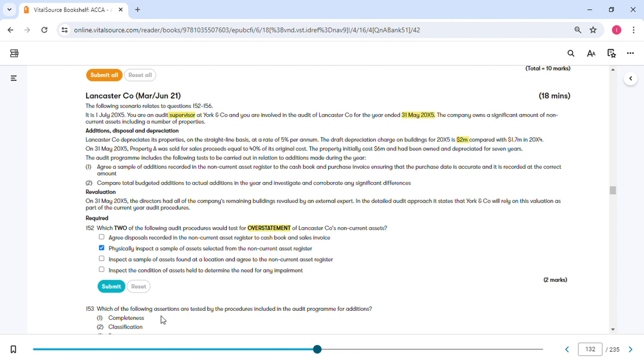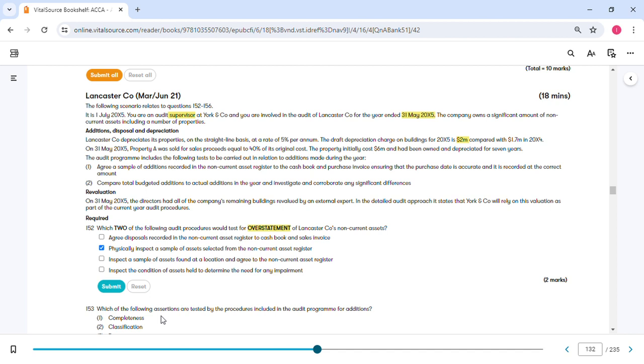The audit program includes the following tests to be carried out. What is the following test they are carrying out? They are carrying out the test with respect to the additions and purchase invoice, purchase date, accurate, recorded in the correct amount.